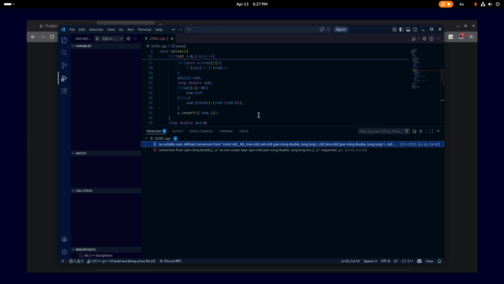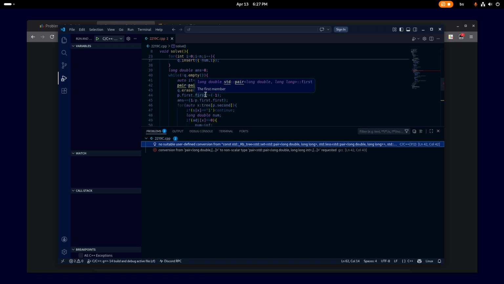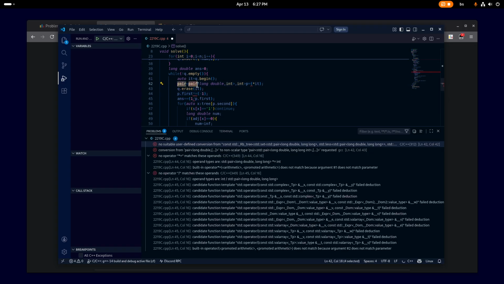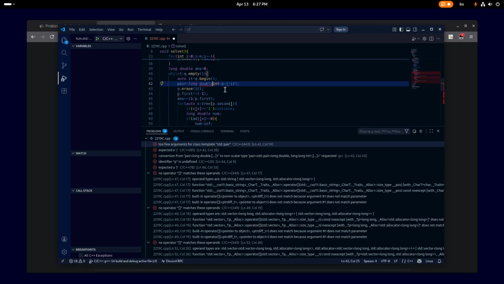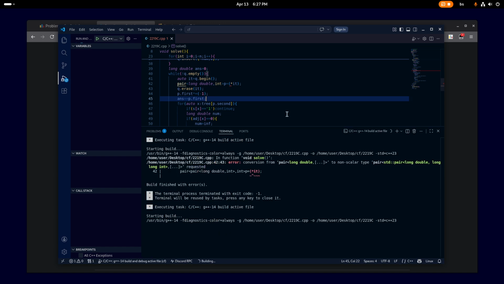What? No, and also here, yeah, you need this, but oh yeah, I forgot. Oh yeah, okay, I forgot to change the type of P. Oops. And yeah, here it doesn't have to be 1 over, but just P dot first.